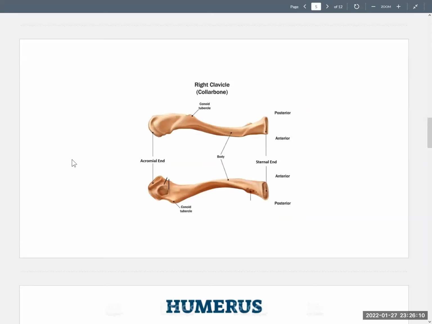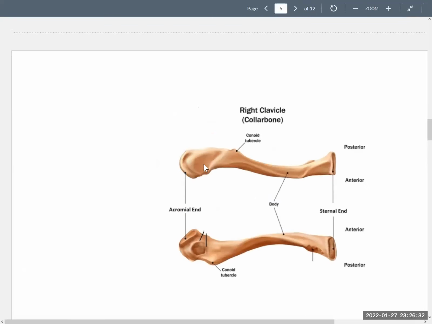Here is a clavicle. Clavicle, collarbone, most frequently broken bone in the body. Okay. If you can envision this, one end is flat. This end up here, just look at the top one. This is flat, whereas the other end, I call it chubby.